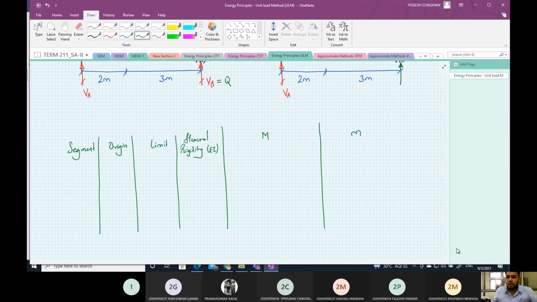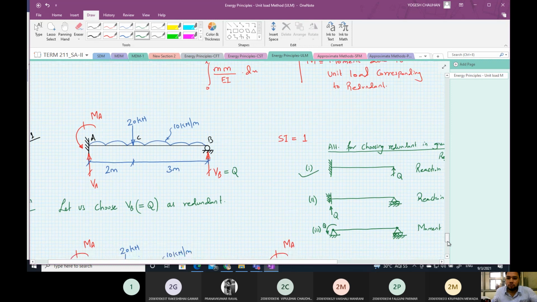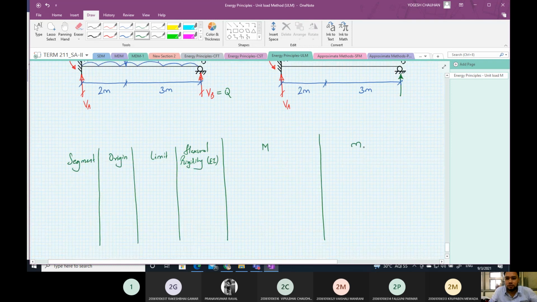In this case we have only one redundant, so there will be only one small m. If there are two redundants, then there will be m1 and m2. Three redundants, m1, m2 and m3 likewise. But in the present case only SI is equal to 1, so this will be only one.